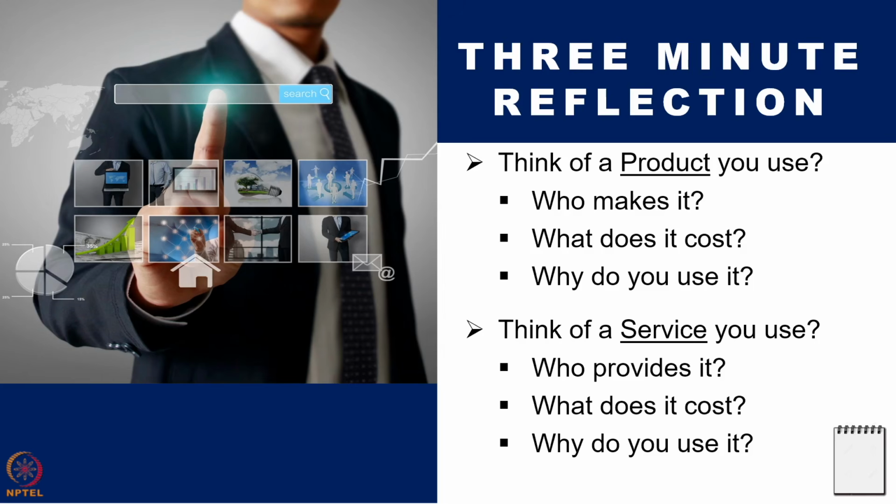It could be a detergent, it could be a cream, it could be an OTT channel. So think about products and services that you use, and think about why you use those products and services over a period of time.